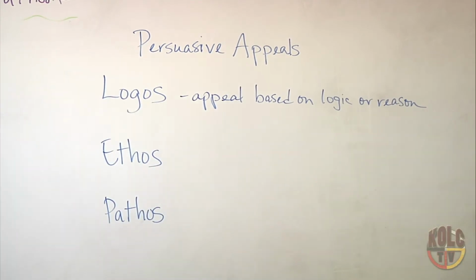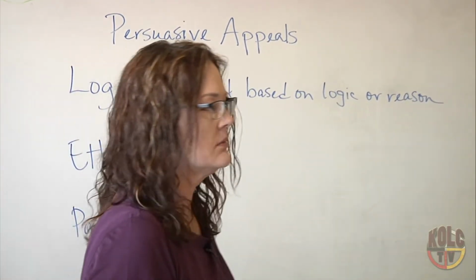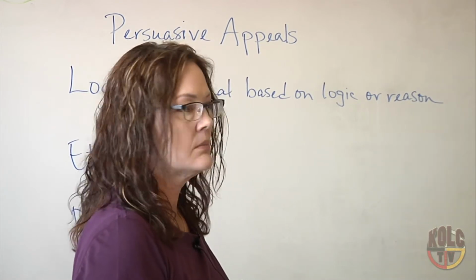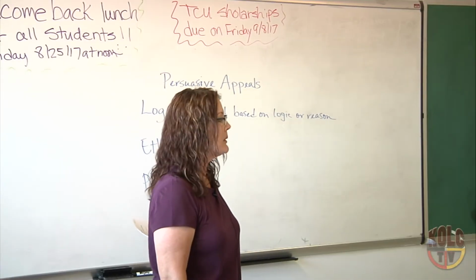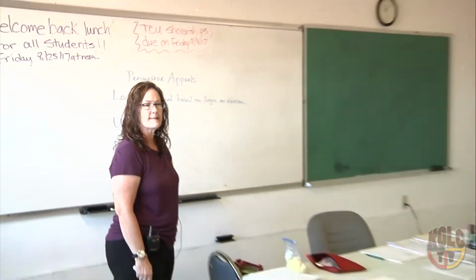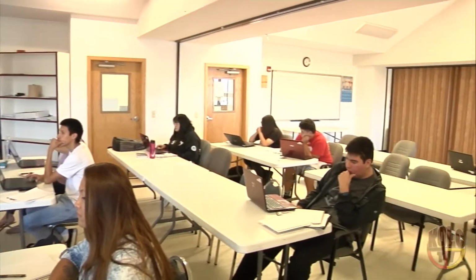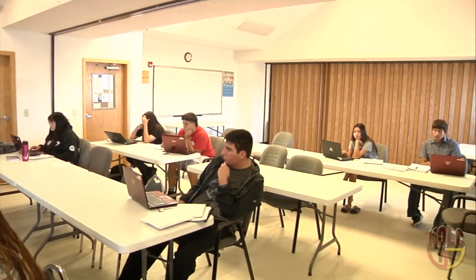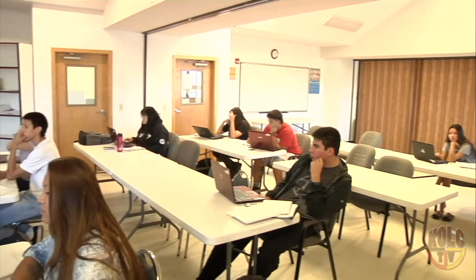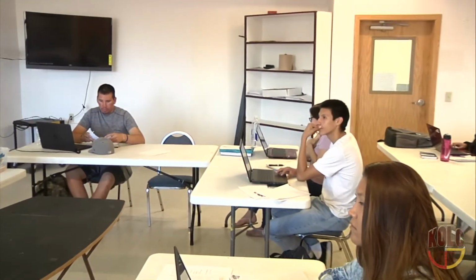So what kinds of evidence would we use that would be logical or reasonable to convince an audience? What kinds of things do we use? What kinds of evidence would we use if we were going to write something logical or reasonable?